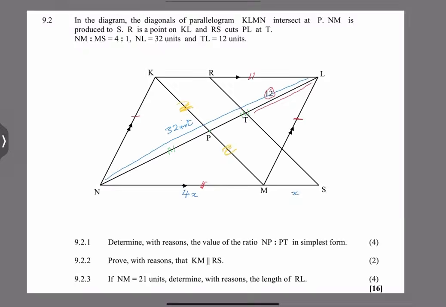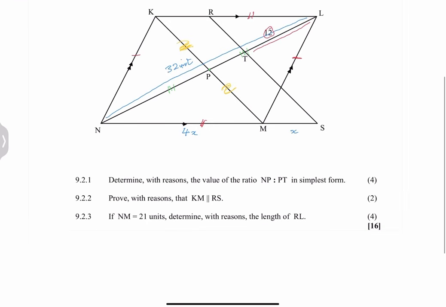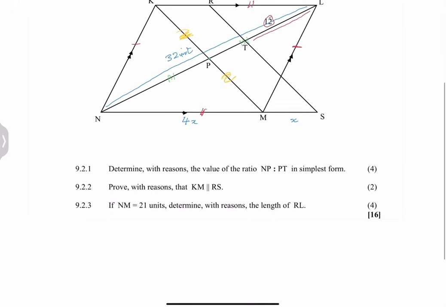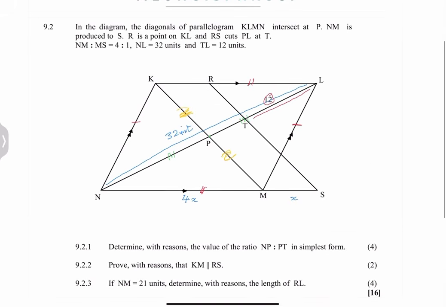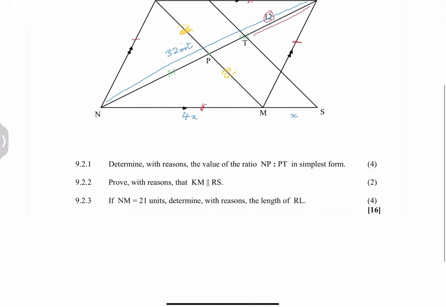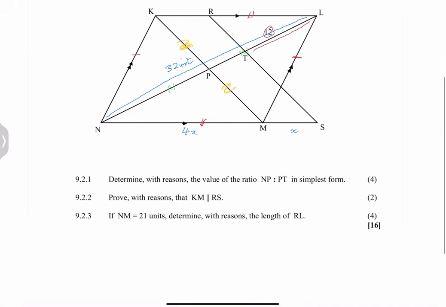Now let's try and answer the question. They said we should determine the ratio of NP to PT. First of all, if I look at NP, do you see that NP is going to be half of NL? Remember, we're given the length of NL to be 32. That's the blue part.